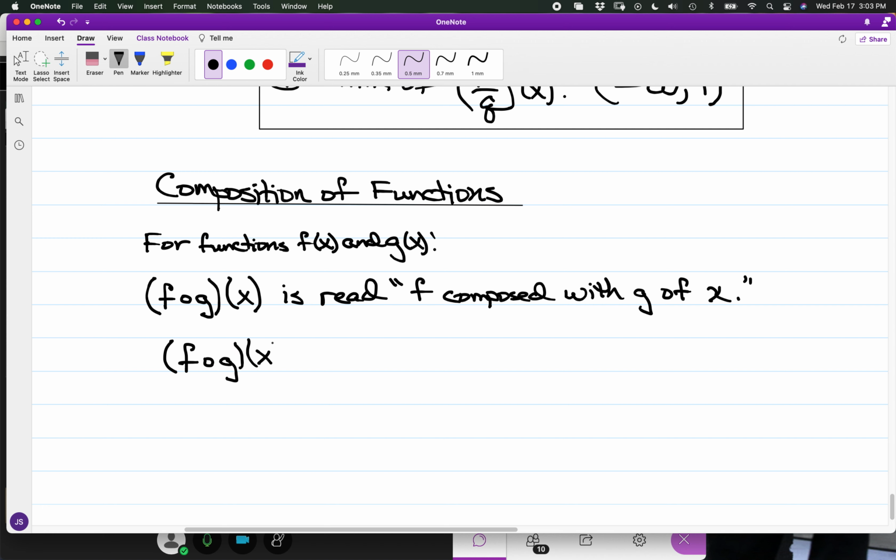If I were to write this in any other notation, this would be f of g of x, where the g of x part is going to be the input. And in the case of f, f is going to be the output.